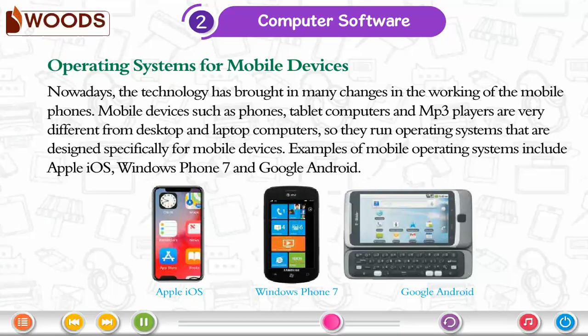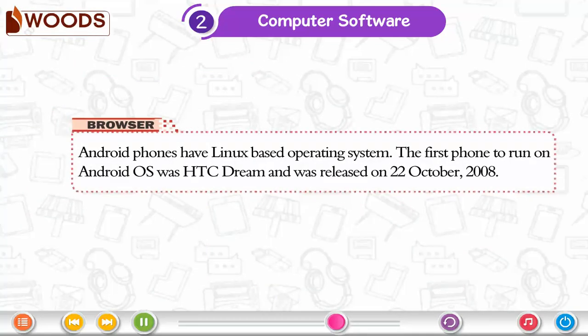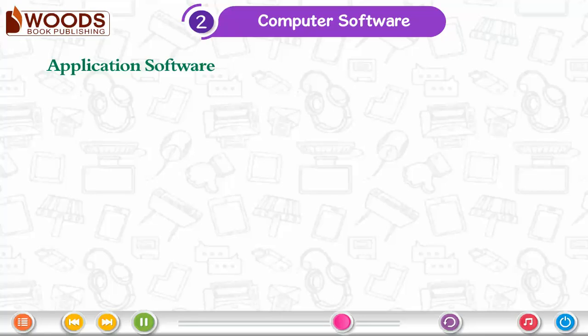Examples of mobile operating systems include Apple iOS, Windows Phone 7, and Google Android. Android phones have a Linux-based operating system. The first phone to run on Android OS was HTC Dream and was released on 22nd October 2008.